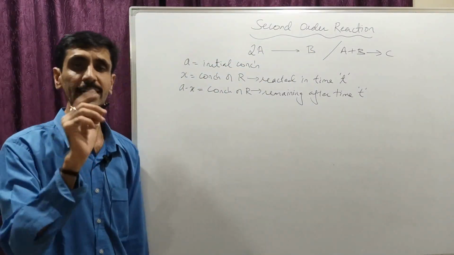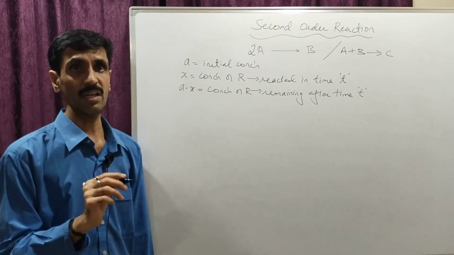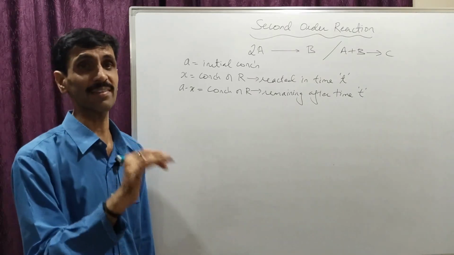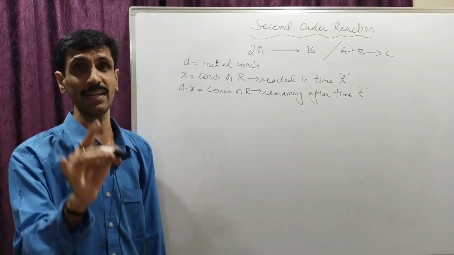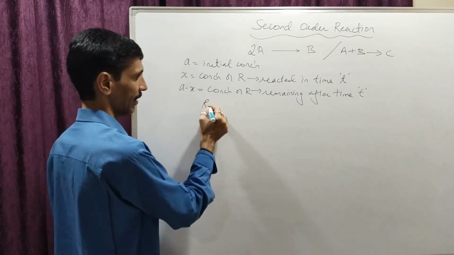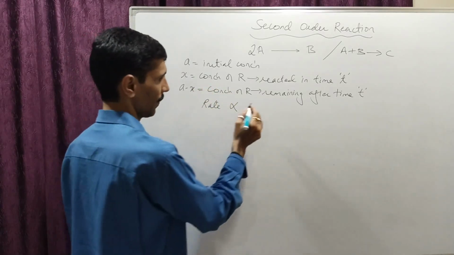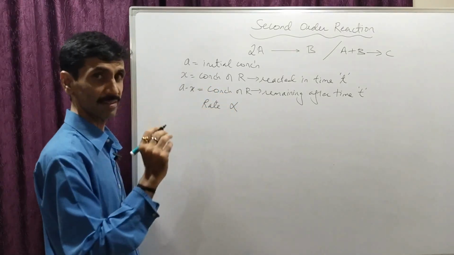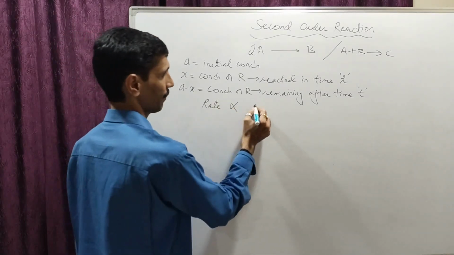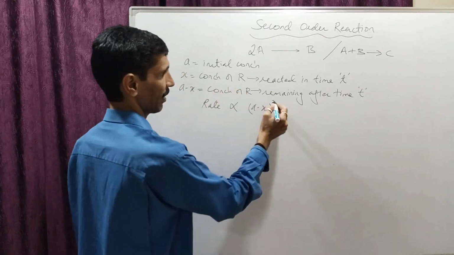So according to the rate law expression, the rate of the reaction is proportional to the second power of the concentration of the reactants which is remaining at that particular time. So therefore, I am going to write it down as A minus X the whole square.